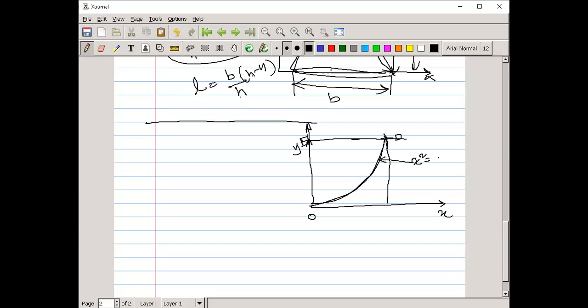The equation is nothing but x square is equal to 4ky. In the question it is asked to find the centroid for the area which is defined by this curve. This is an area now. You have to find the centroid for the area created by this curve only. Is my question clear?